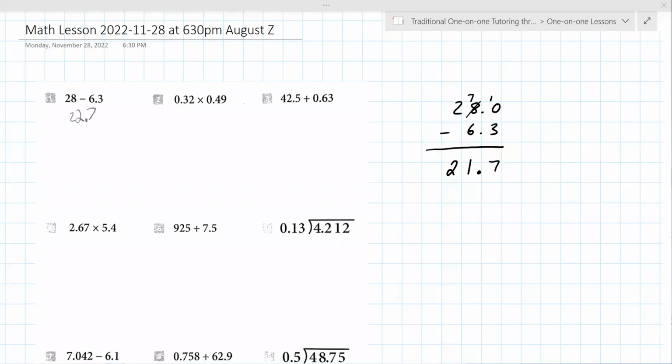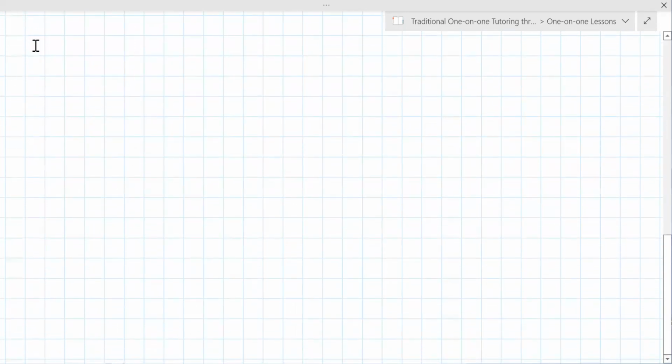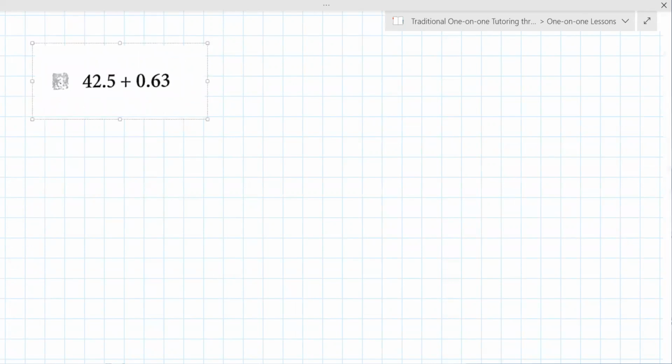We're going to do number 3 on that page first because we want to do the easy ones first. We want to do all the adding and subtracting first. So here's problem number 3. 42.5 plus 0.63.